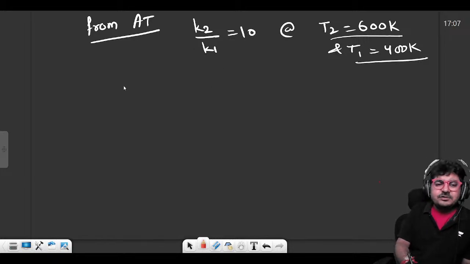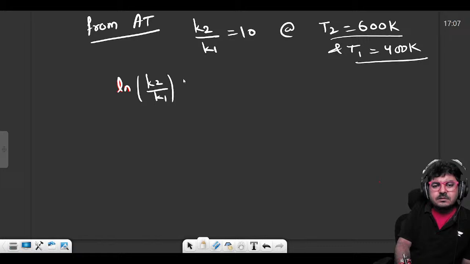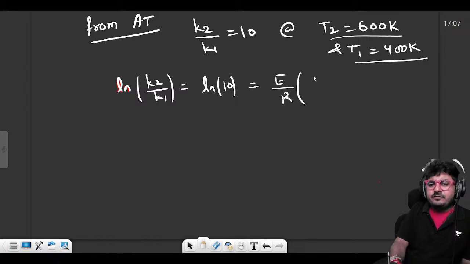So from Arrhenius theory, what is the equation? You know that from Arrhenius theory the equation is ln K2 by K1, which is equal to ln 10, equal to E by R times 1 upon T1, which is 400, minus 1 upon T2, that is 600.